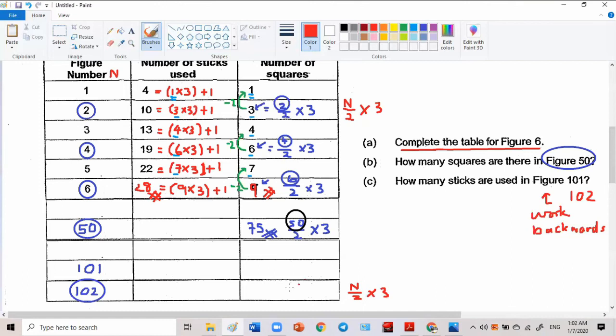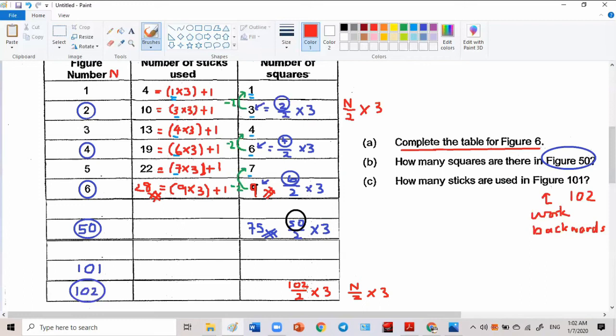So in this case, the number of squares here would be 102 divided by 2 times 3, which is 51.